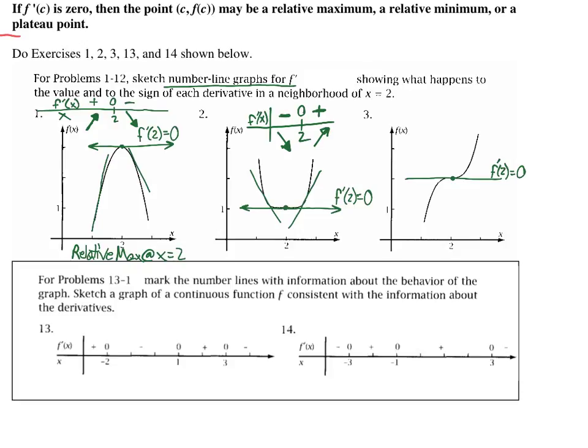And that shows us that we have a relative minimum point at x equals 2. Okay? And then finally, the third one here, you can see, again, f prime of x is 0 at 2.